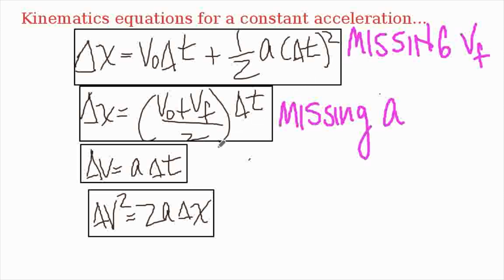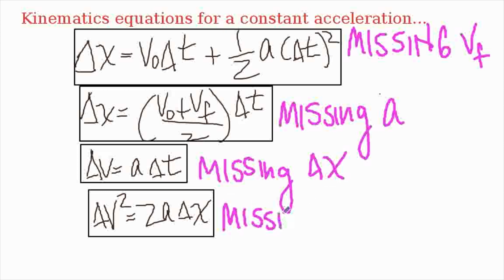The third one is missing delta x. If you don't know how much the position changed, use the third one. And then the last one is missing delta t. If you don't know how much time elapsed, use the fourth one.